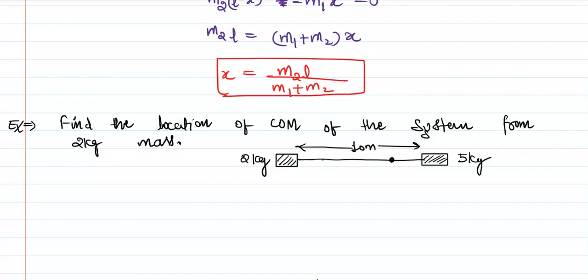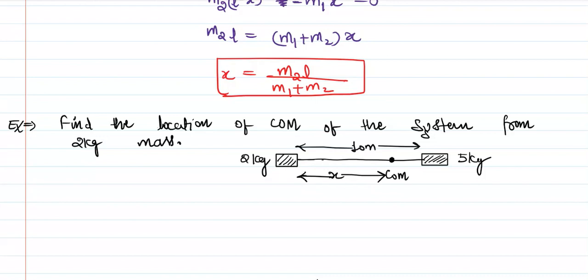Okay, and we need to find out the center of mass from the 2 kg block. That means you can take a distance x from the 2 kg block. Okay, you can take center of mass is at distance x from the 2 kg block.